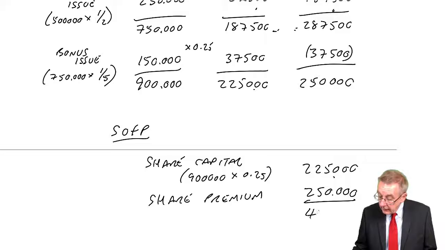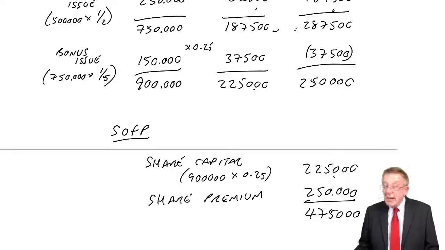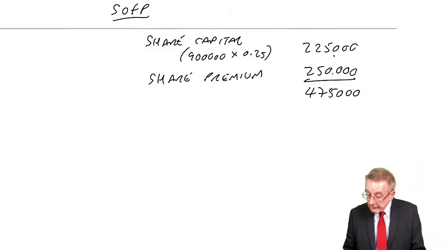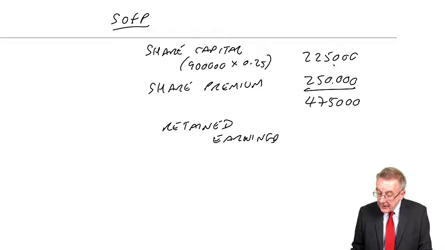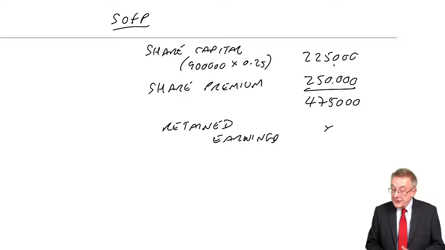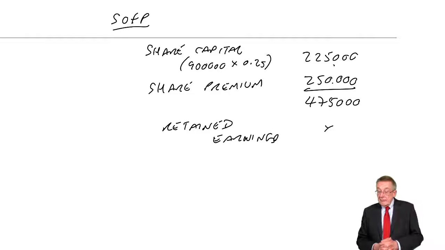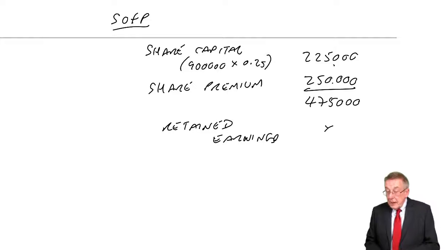The total 475,000. But of course, there's going to have been retained earnings as well, owing to them. But that's not been affected and we don't know what it is. So, there we are.